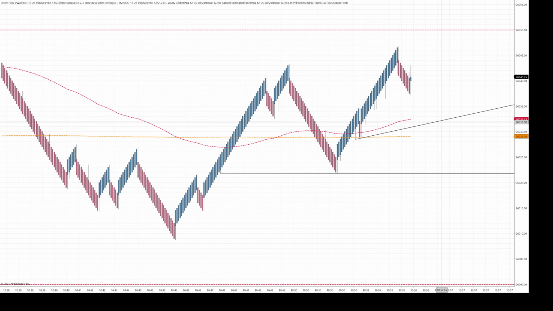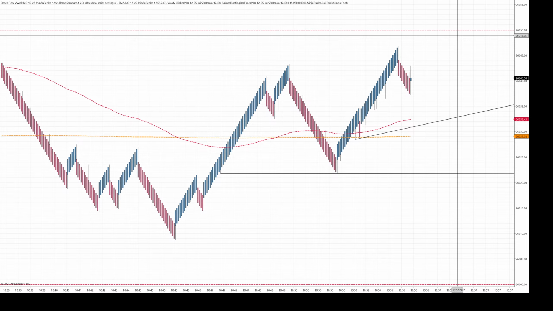The next area of interest is if we could come back up to 50 and we get a clear runway, we can take it back down.